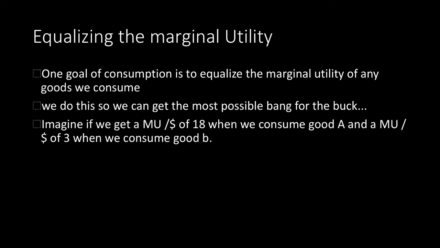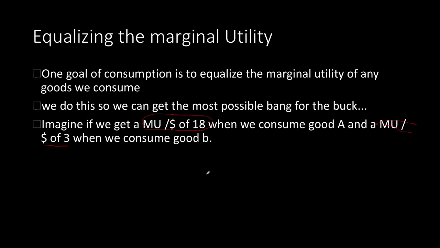So I want you to imagine for a moment we're consuming two goods, good A and good B. Good A is giving us a marginal utility per dollar of 18. Good B is giving us a marginal utility per dollar of 3. So the question becomes, what should we do?